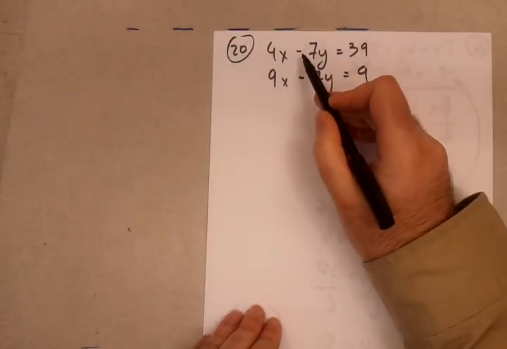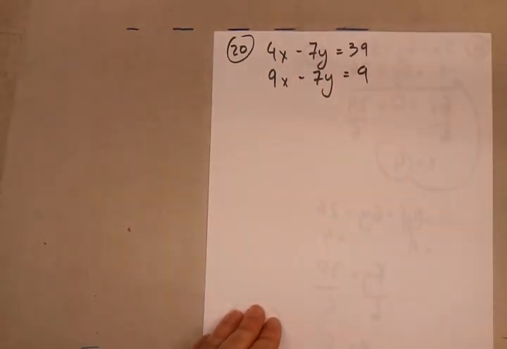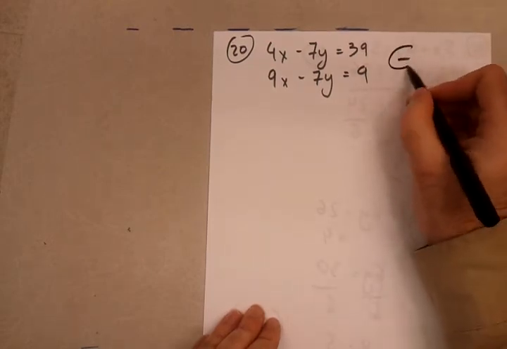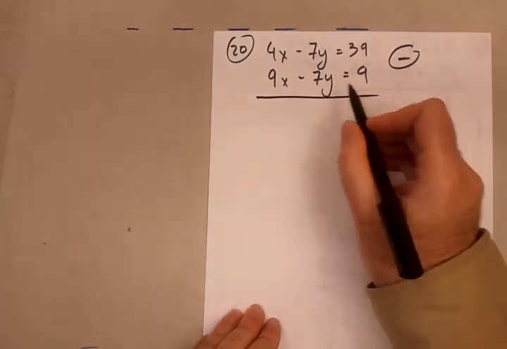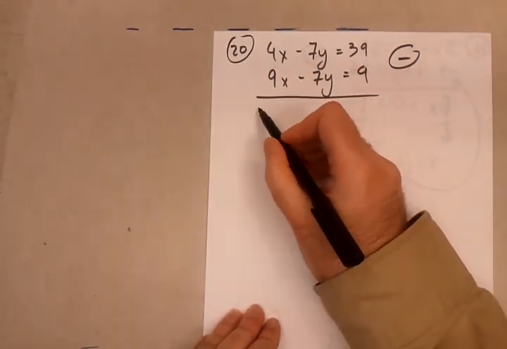Because here, negative 7y minus a negative 7y is the same thing as negative 7y plus a 7y, and they cancel themselves out. I'll show you in just a second why, but we're using subtraction. So 4x minus 9x, that's going to be negative 5x.